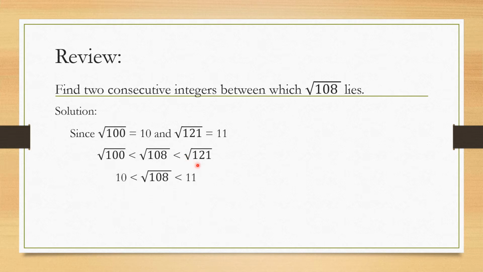We know that the square root of 100 is 10 and the square root of 121 is 11. So therefore, the square root of 108 is between 10 and 11.